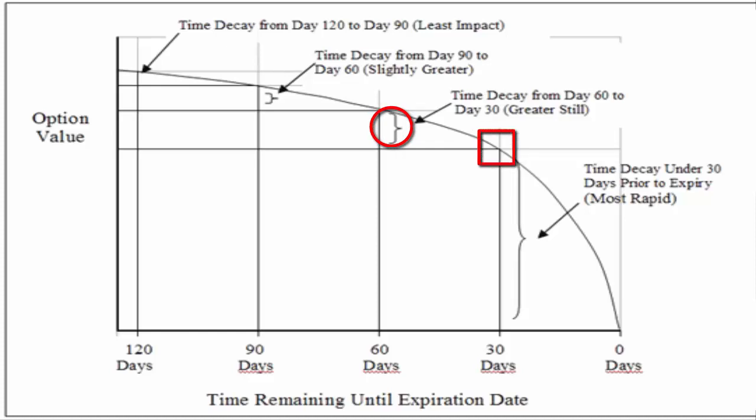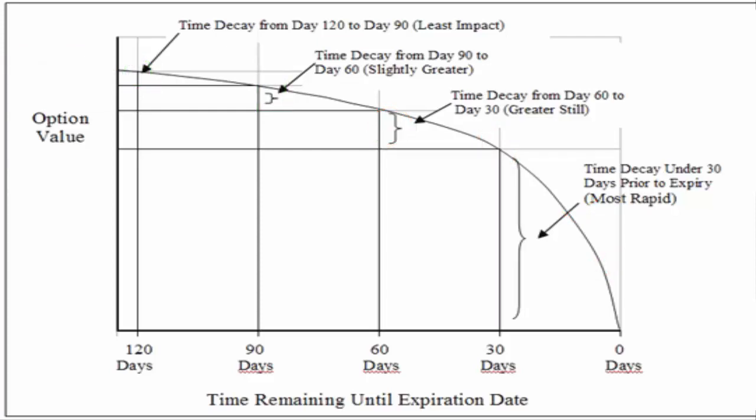This is about 30. This is about 15. This is about 7. This is 90, roughly. This would be 120. This is 150. 180 days to expiration, and you get the idea. The time decay curve is much slower as you go further out in time, and that's what we're fighting against.